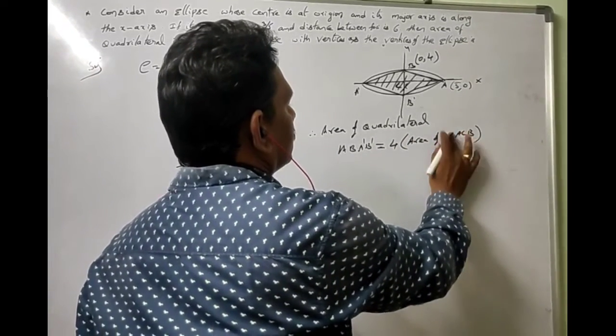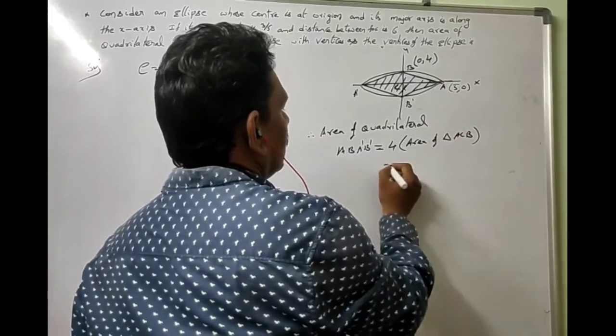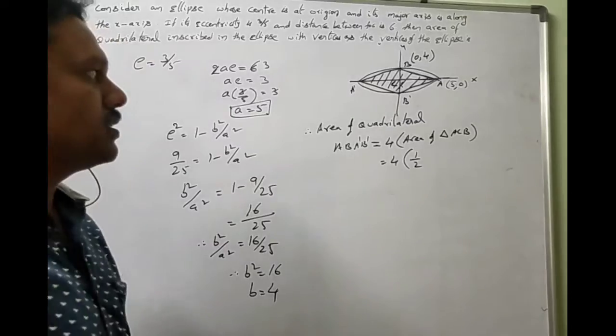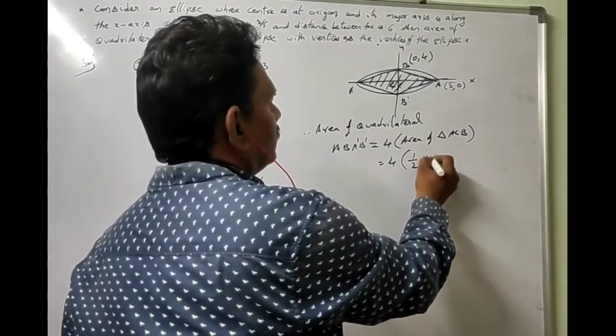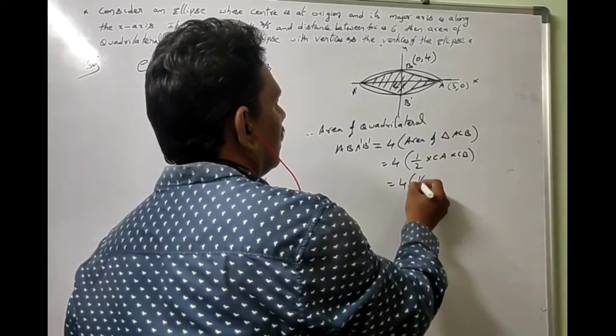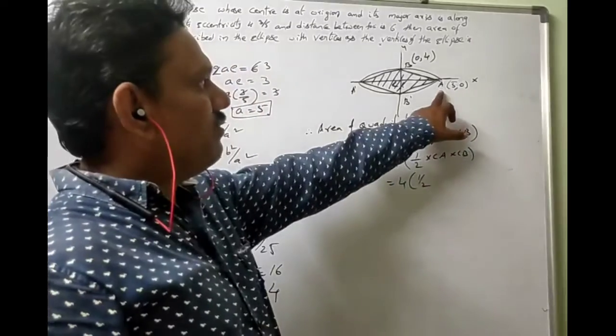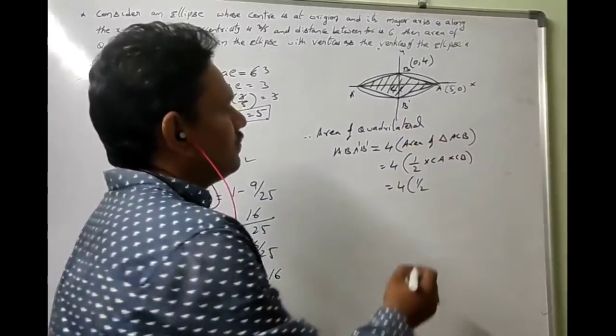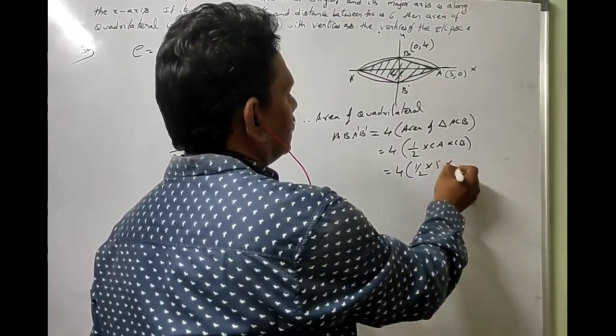That is 4 into the area of the triangle, which is half into base into height. That is half into CA into CB. So that is 4 into half into CA. A we got as (5, 0), so the length of CA is 5 units.